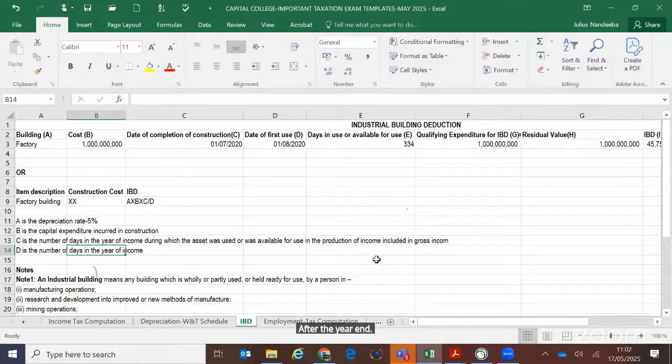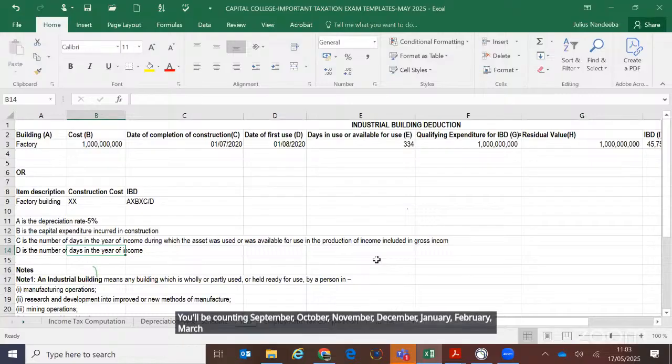If the year started on 1st of July, and it was put to use in September, ask how many days was this asset used? You'll be counting September, October, November, December, January, February, March, April, May, and June.